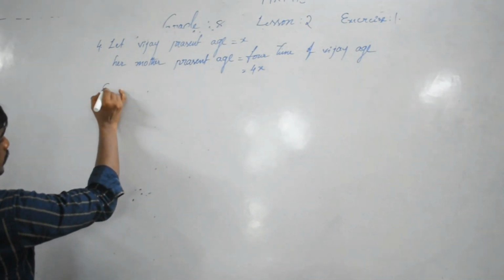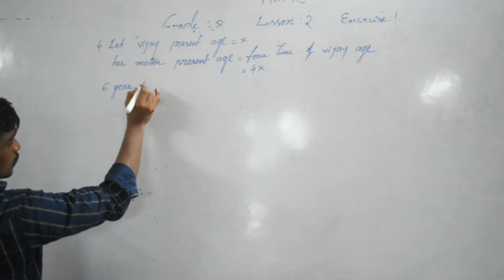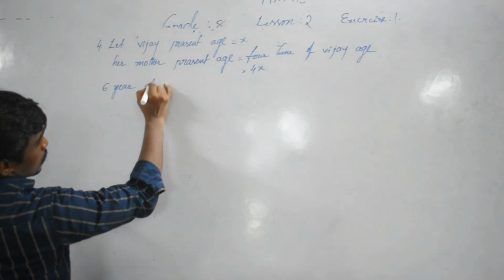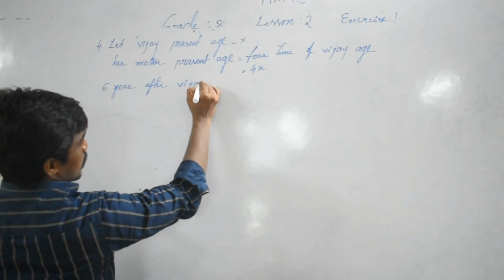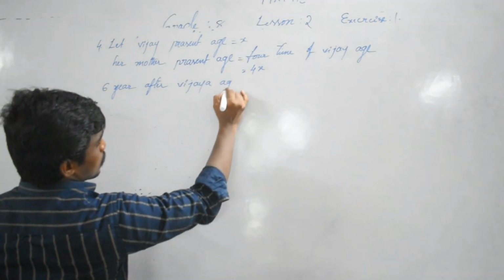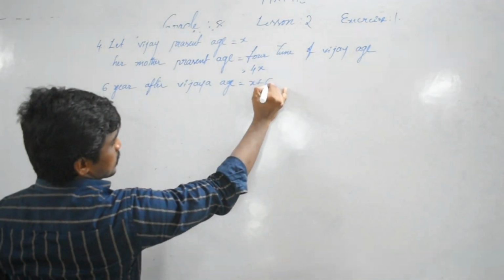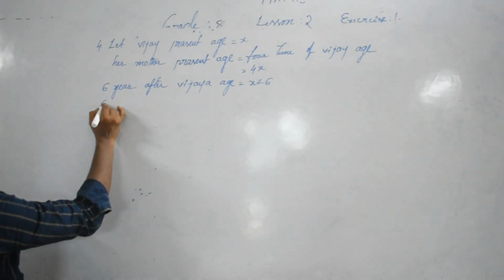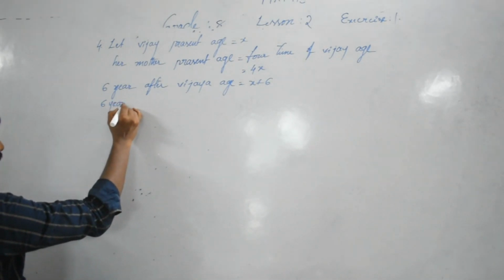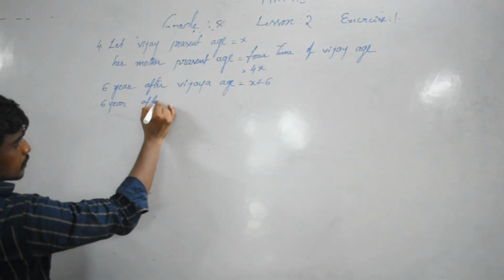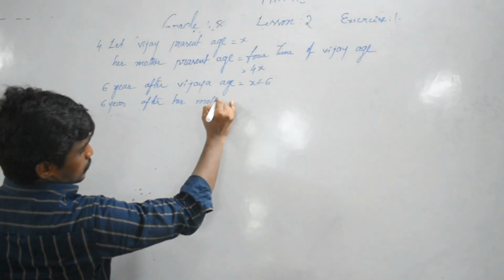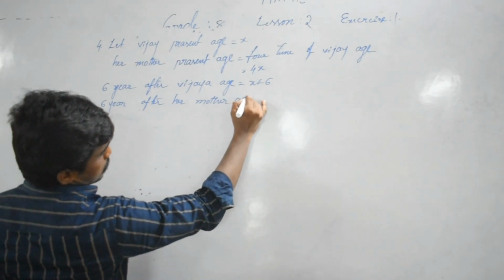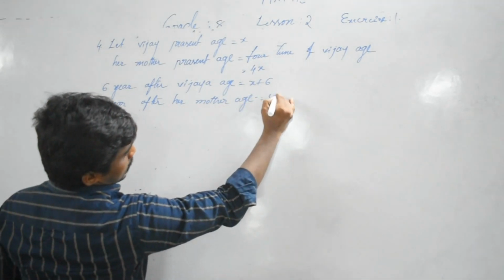Six years after, Vijaya's age is x plus 6. Six years after, her mother's age is 4x plus 6.